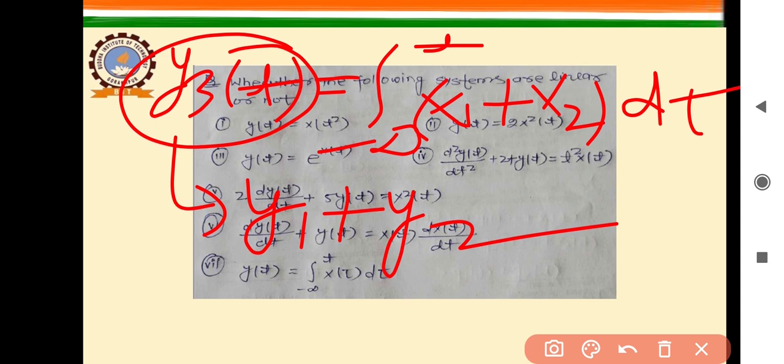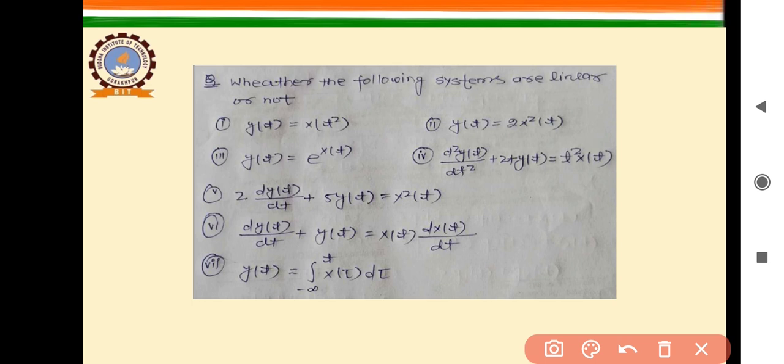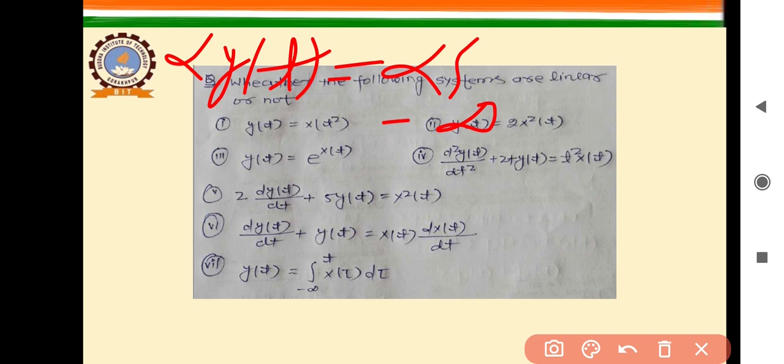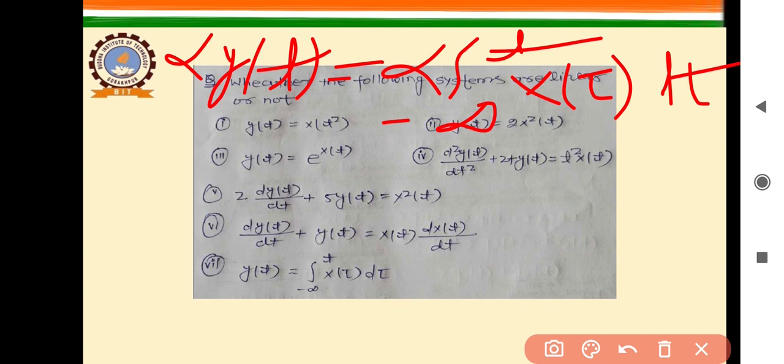Again, if I have to check the law of homogeneity, I will multiply the whole equation by alpha. Then alpha into y t is equal to alpha into the integral from minus infinity to t of x tau d tau. In the next step, I will replace this variable x tau by alpha into x tau.